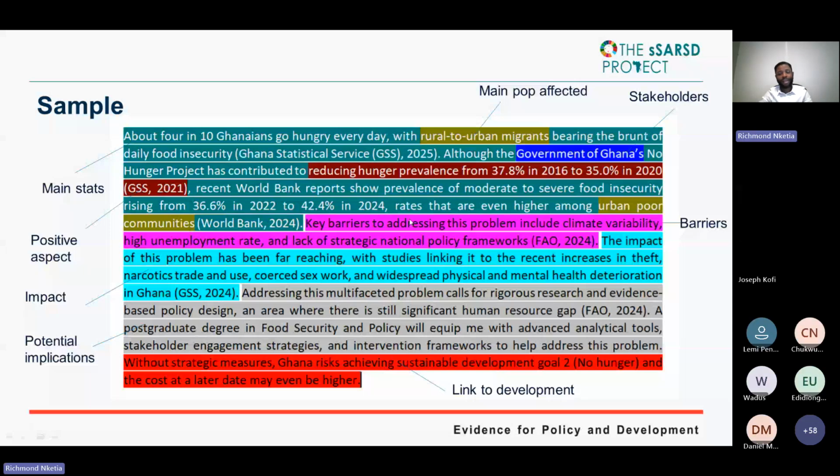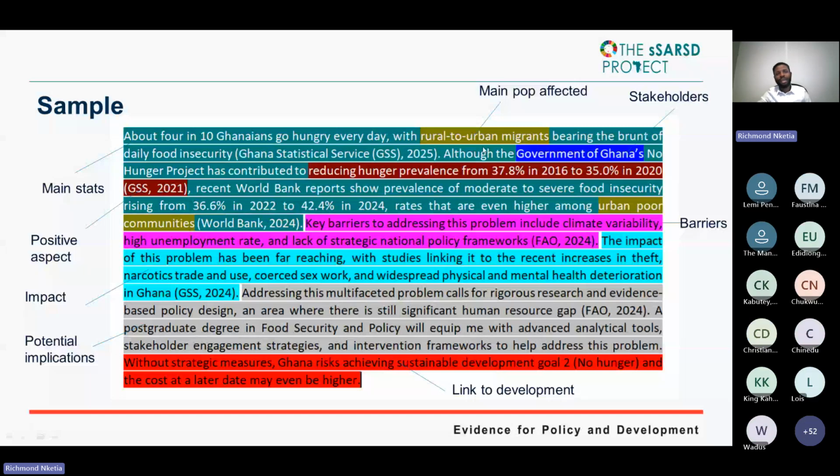And the rates are expected to be even higher among urban poor communities. Remember, I've already spoken about the main population here, who are people who move from rural communities to urban communities and often settle in the informal areas. So they come there unemployed and do not have money to buy food, some have no rent. And so it becomes a major issue.